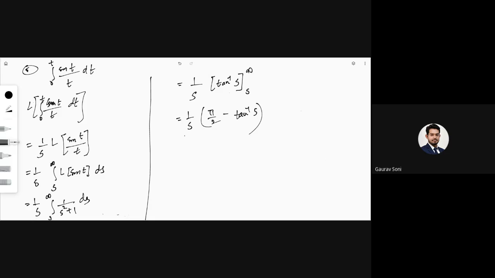So pi by 2 minus tan inverse of s is cot inverse of s, giving 1 by s cot inverse of s. This is our final solution. It's easy, it's not at all difficult. You just have to go on using the formulas again and again. That's it.